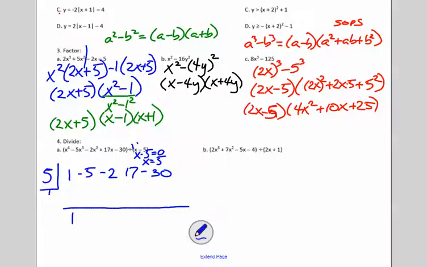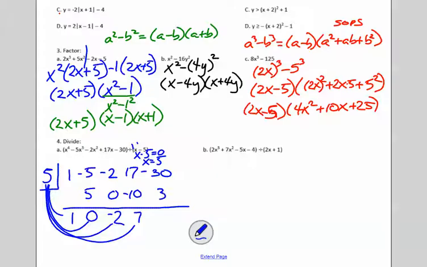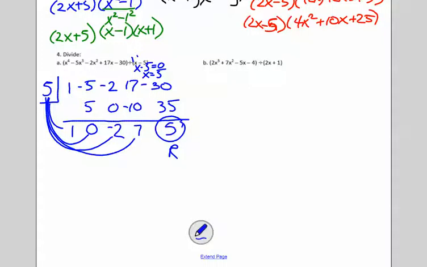And then 5 times 1 goes here, and negative 5 plus 5 goes here. 5 times 0 goes here, negative 2 plus 0. 5 times negative 2 is negative 10, add, and I get 7. 5 times 7 is 35, that goes here, and then you add and you get 5. So the 5 is your remainder, and then we need to interpret.